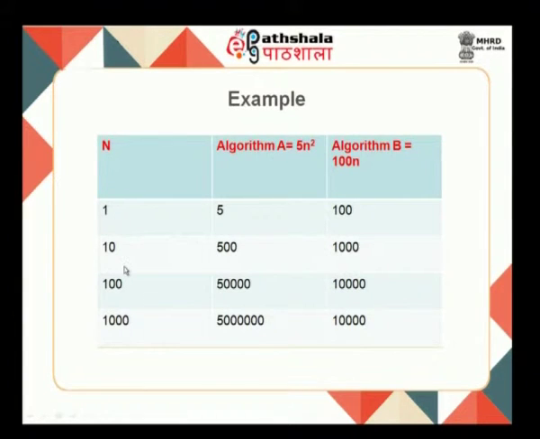As n increases, the algorithm A steps increase in a large way compared to algorithm B. Therefore, we can come to a conclusion that algorithm B is more effective compared to algorithm A. So, in other words, the rate of growth is a very important concept in understanding the behavior of the algorithms. It is the core on which the algorithm analysis can be based.